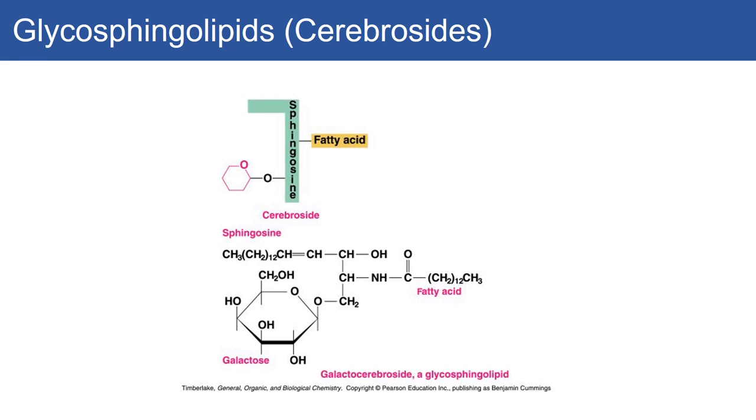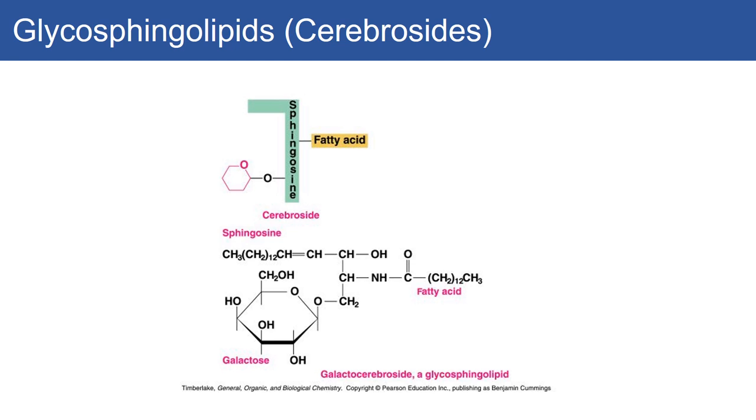Again, glycosphingolipids are found on the exterior of the cell, where we attach sugar. Sugars have multiple functions within these, including charge and interactions, as a signaling mechanism, as a receptor mechanism.